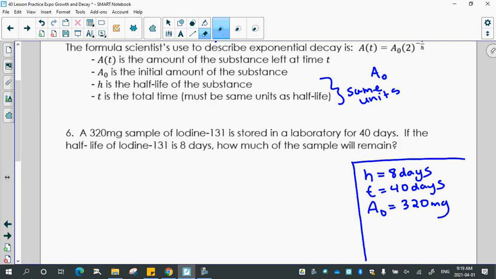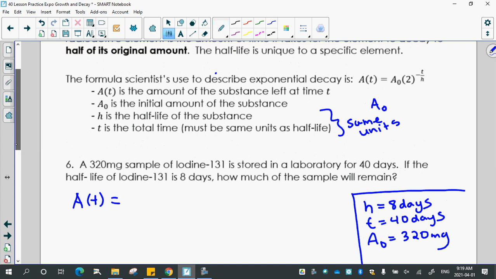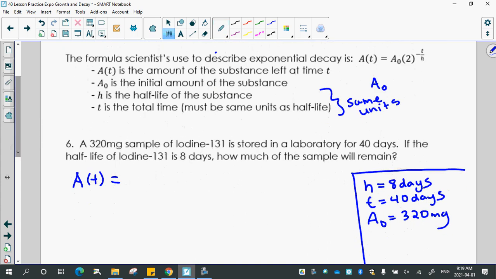All right, so now we can start off with our general formula and then substitute in. So A of t is A sub 0 times 2 to the negative t over h.